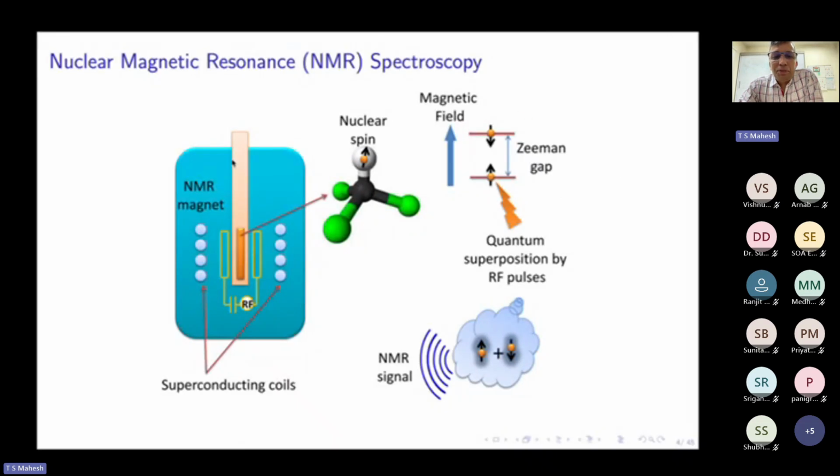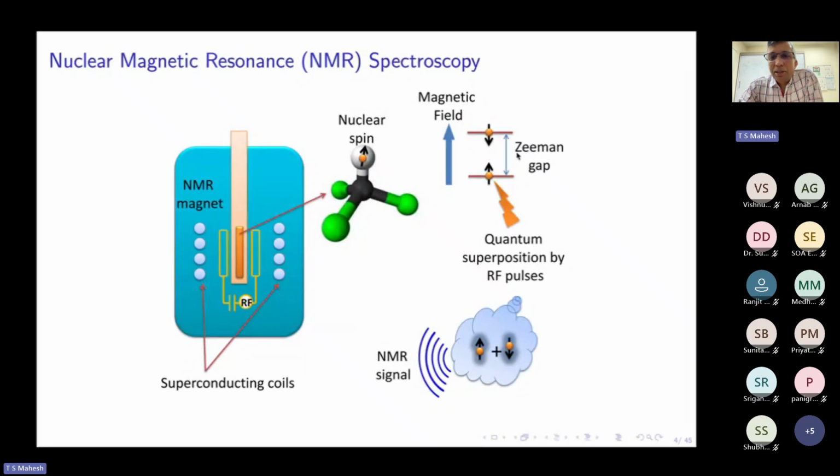For the magnetic fields that we apply, this electromagnetic wave happens to be in the range of radio waves. So radio waves happen to be in the resonance region of these nuclear spin energy gaps. Typically it is a few hundred megahertz frequency of radio waves.